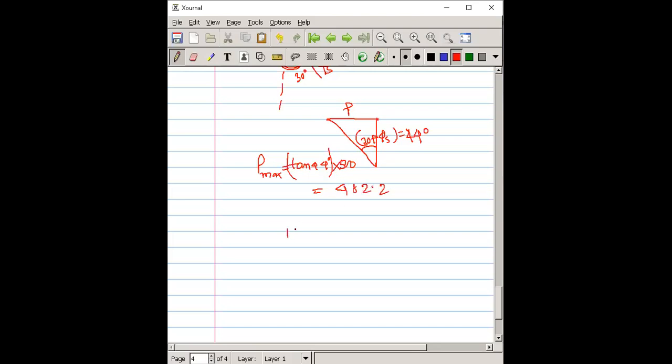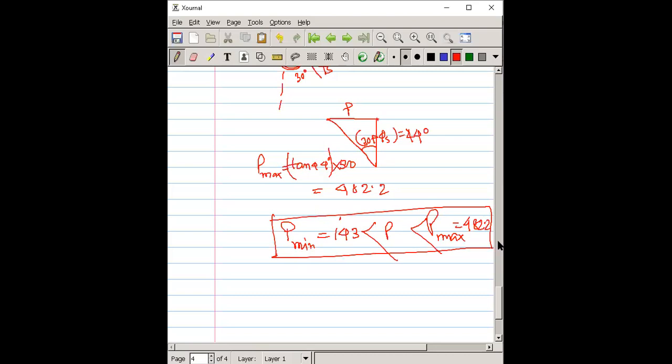So it means your range of P is from 143 to P max equal to 482.8. You have to solve the problem in such a manner. Okay.